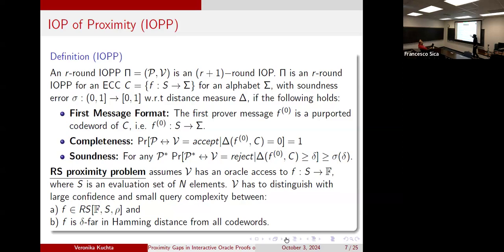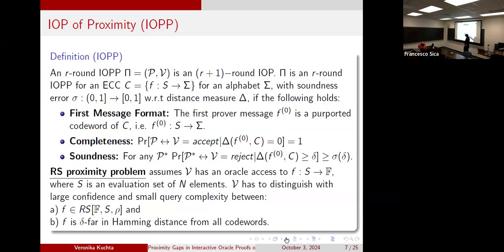If the first message made by the prover, the claimed message, is far from a Reed-Solomon code, so the Hamming distance of the first message is greater than delta, then the probability that the verifier rejects such a proof should be greater than negligible.